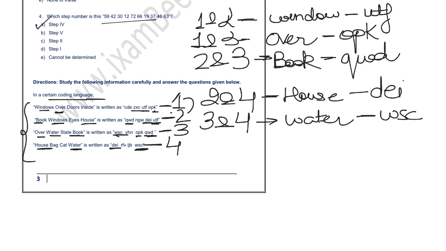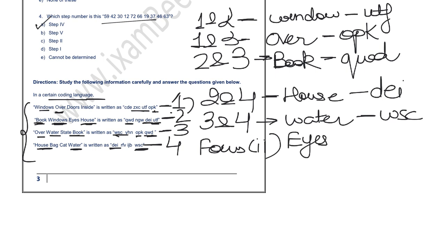Now if you focus on statement number 2, you will find that the only one left is eyes over here, because I have already found the code for book, for window, for house as well, right? And the only one left over here is eyes, right?